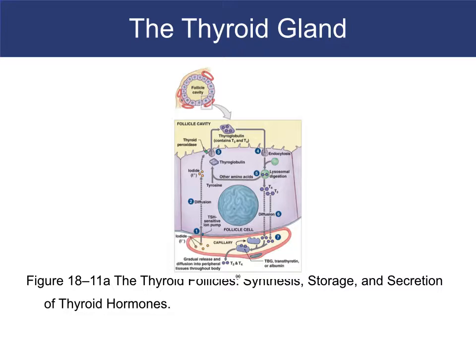This is the way it works, and I'm just going to leave it to you to get that. I think this is important. Know that the thyroglobulin out here in the middle contains both T3 and T4, and under the influence of TSH and thyroid hormone being released, that is mobilized and then put all the way back out here into the bloodstream, and that's where you get T3 and T4.